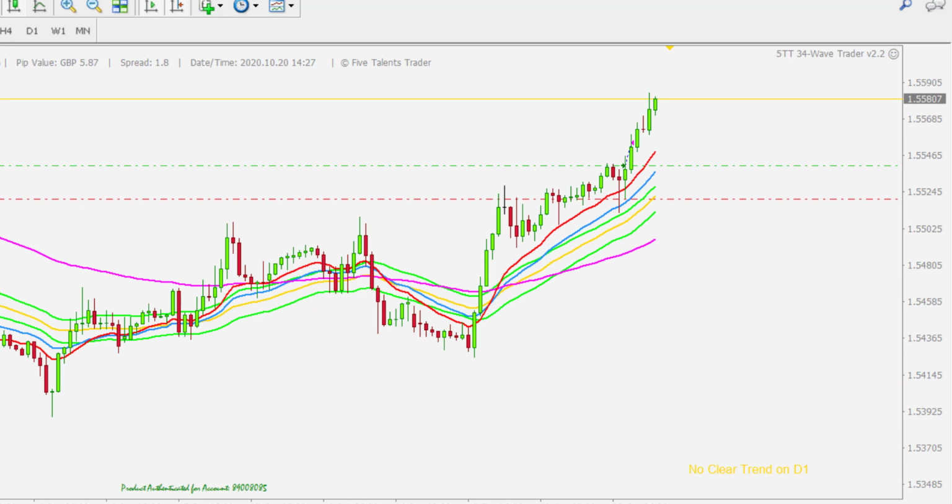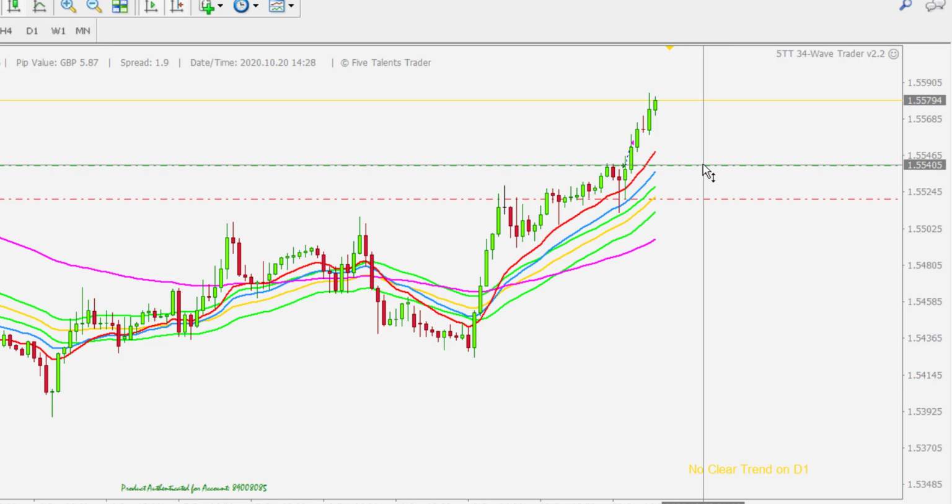And the second to the last one, Euro CAD. Again, a similar arrangement. We got filled in there, and then part of that trade is closed there, and price is still moving.